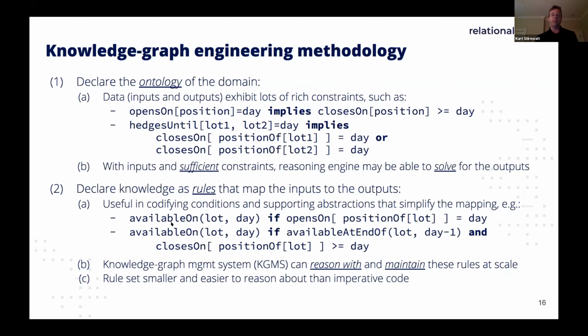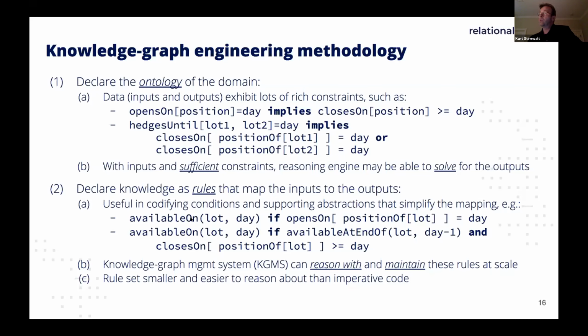Now, here are a couple of examples of rules that you see here. This first one says that a lot of shares is available on some day if the position associated with that lot opens on that day. Okay, you can probably read this pretty clearly. They verbalize pretty naturally.